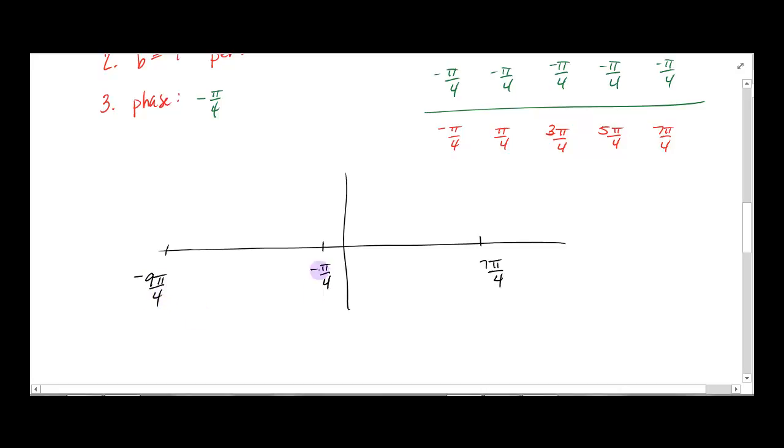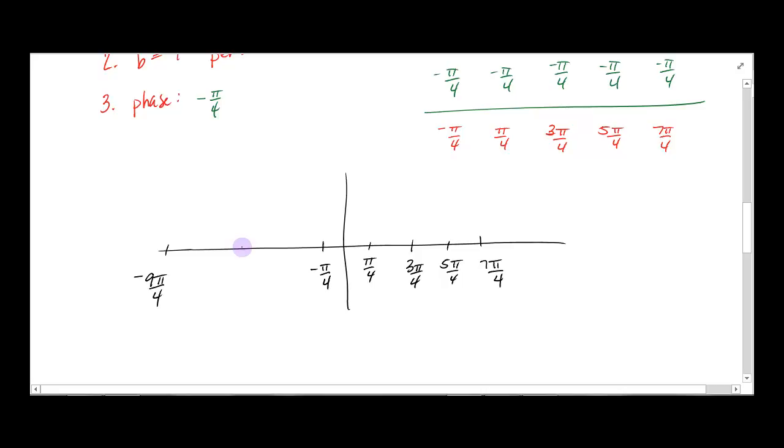That came from taking negative pi over 4 and subtracting 2 pi to get negative 9 pi over 4. If you can't see that, just do it in your calculator and you'll see where those fractions come out. So let's come back to the original one. I'm going to go halfway in between, which is 3 pi over 4, and write these numbers down, which I've already calculated.